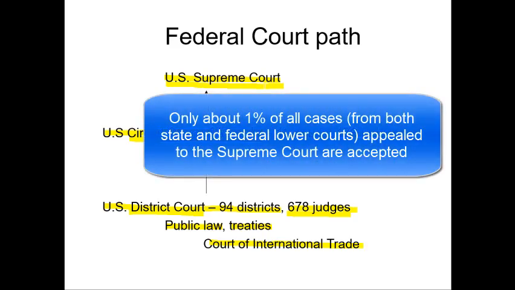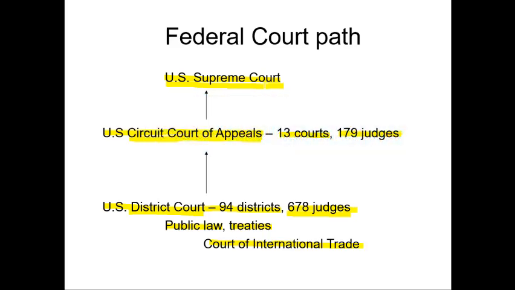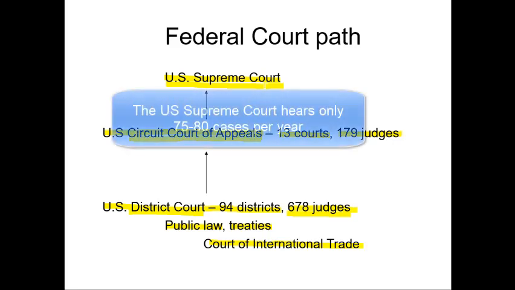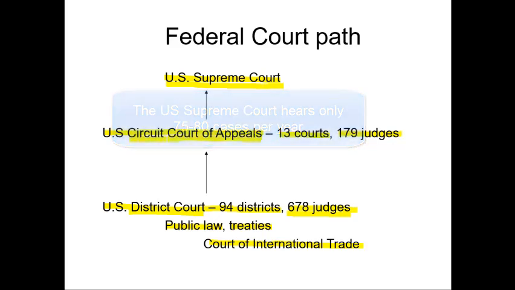And that's about 1% out of about 8,000 attempts to make it to the Supreme Court. And they only have room for about 75 to 80 cases per year. So that shows you how powerful these circuit courts of appeals judges are, because that ruling is going to stand the overwhelming majority of the time.